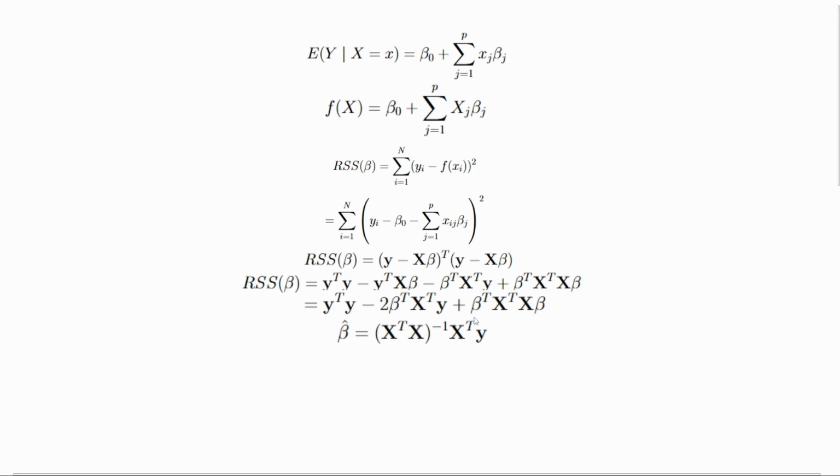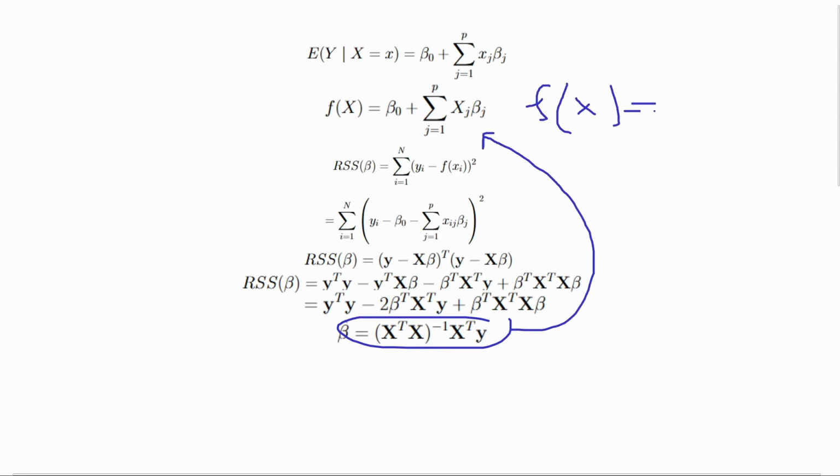Now, once we have these betas, we can plug these guys back into our function. So our function can be written as x times beta. And so therefore y hat is equal to x times beta hat.